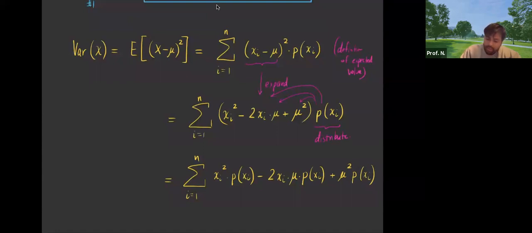Again, this whole thing is a summation of these individual terms.